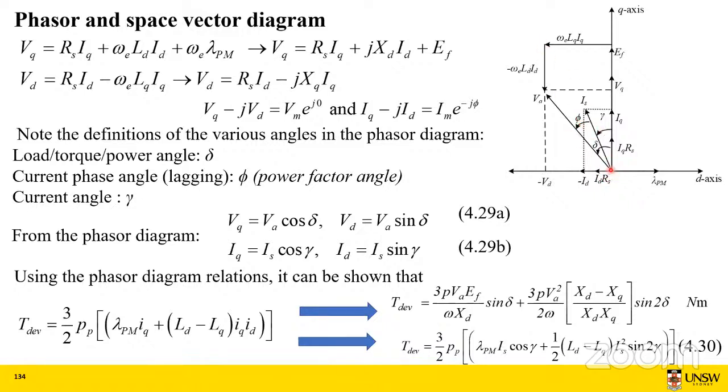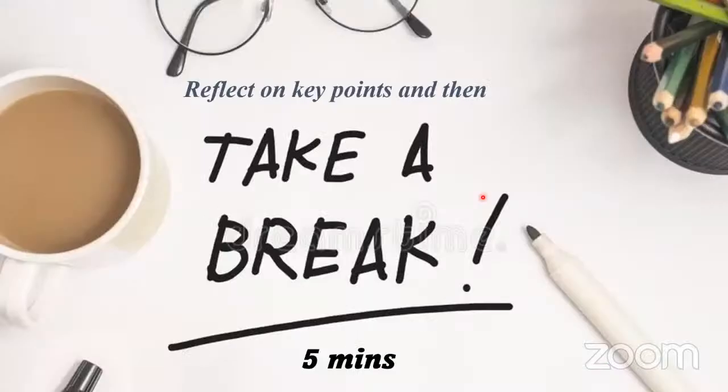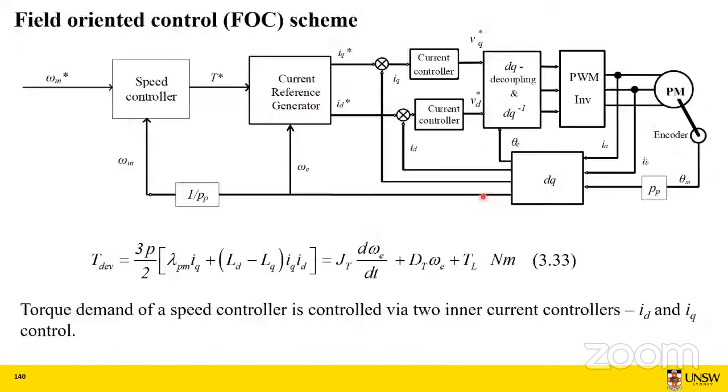So when the voltage phasor is here, the power factor angle can be maintained at a minimum value, or you can even make unity power factor if we can make this voltage phasor go very close to the q-axis or even into the q-axis. So ID 0 control for surface type can give you a much higher power factor as well. That's why for surface type, ID 0 control is preferred.